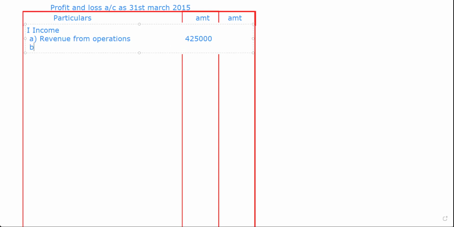Then I have B, which is my other income. Other income he has given us is interest received. If you see the question, you will get it.